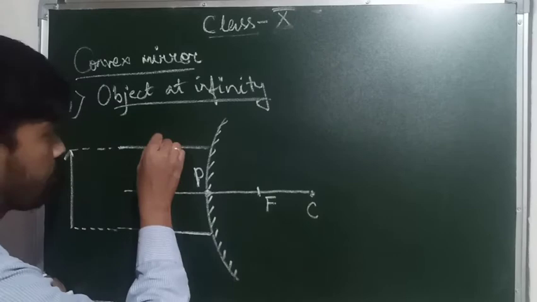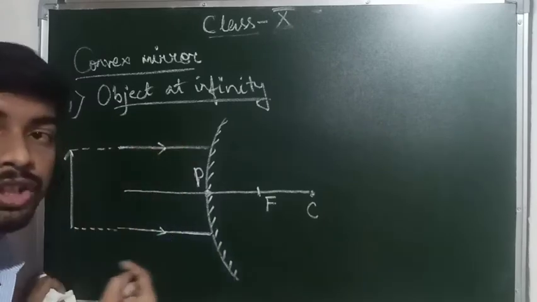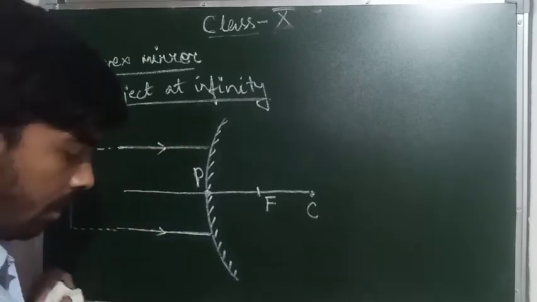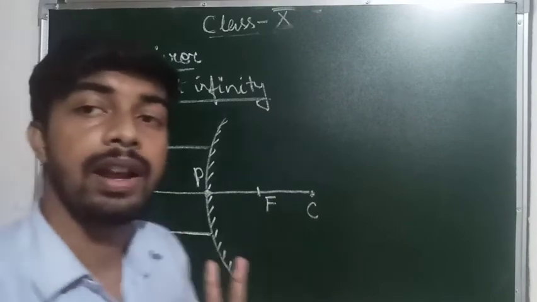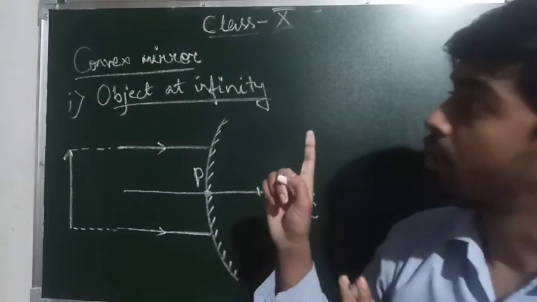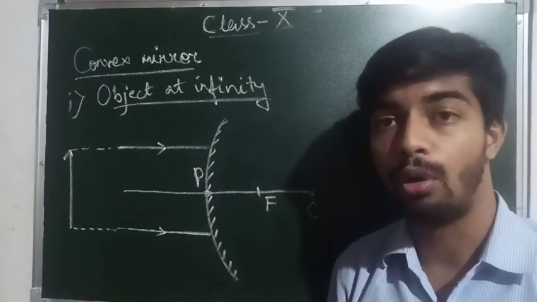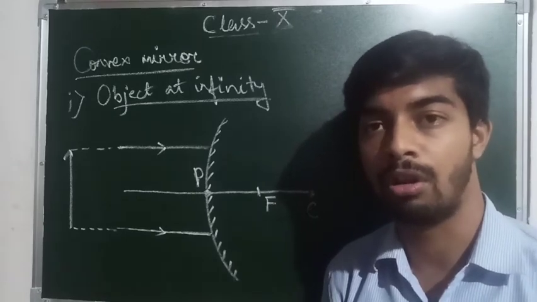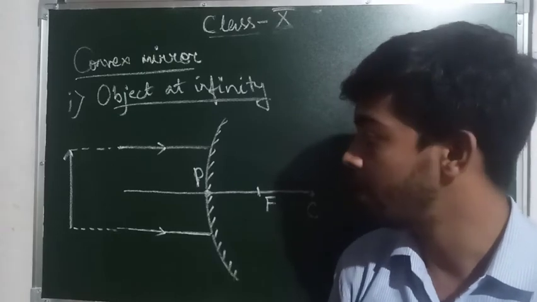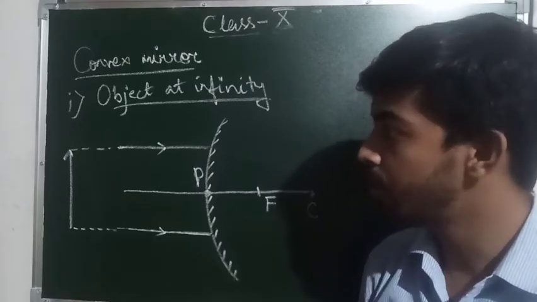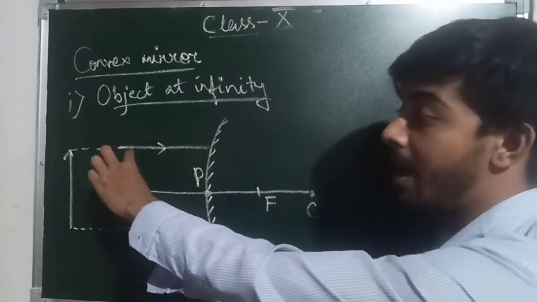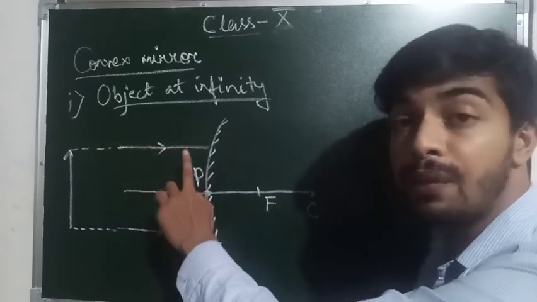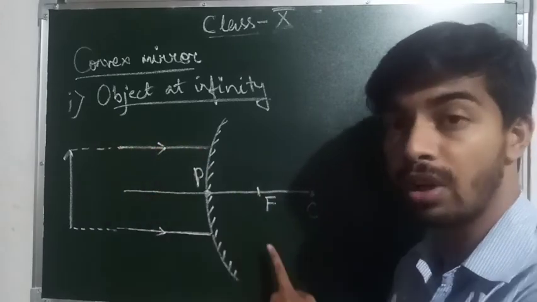These arrows denote the direction of the light ray. While drawing ray diagrams for a convex mirror also, we have to follow the 4 laws of reflection which we learned earlier. As we know, when the light rays are parallel to the principal axis, after reflection they pass through focus.